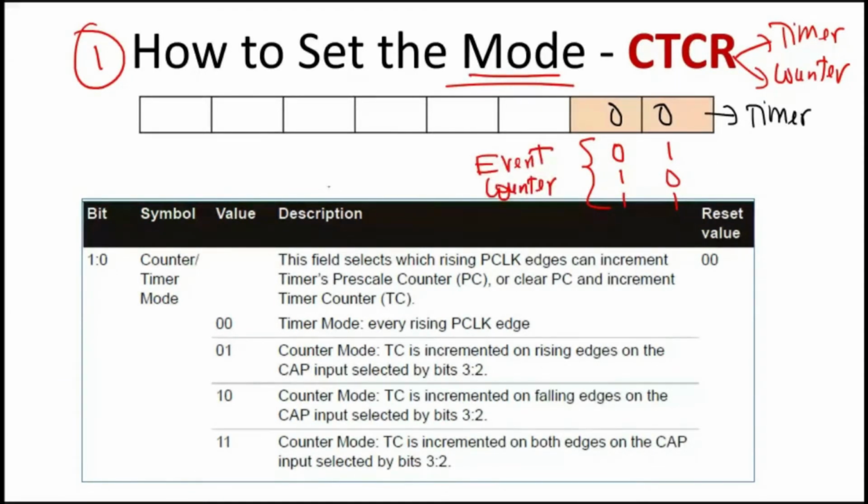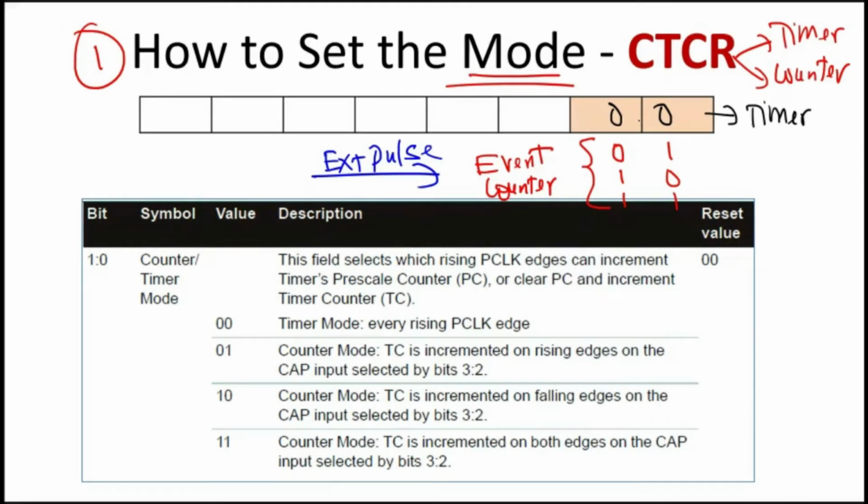What do you mean by an event counter? It takes an external pulse and counts that. If it is used as a timer, it takes the input from the internal oscillator. That is the difference. Now, what is the difference between 01, 10, and 11?